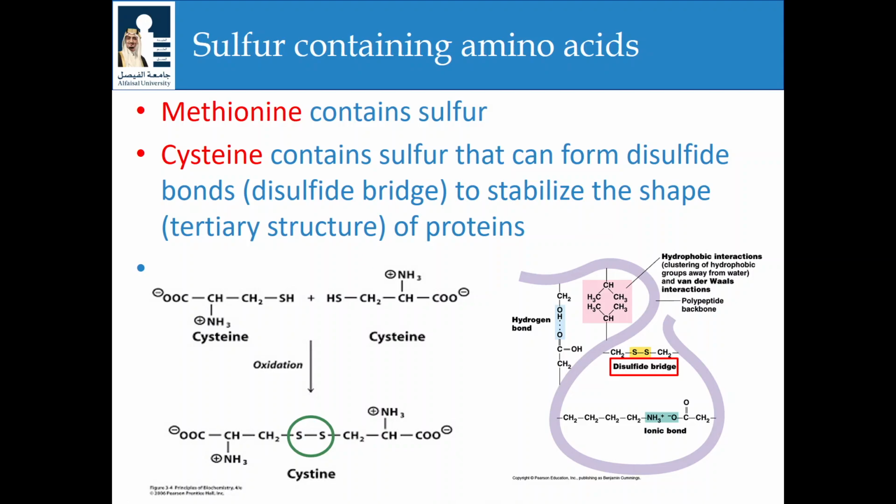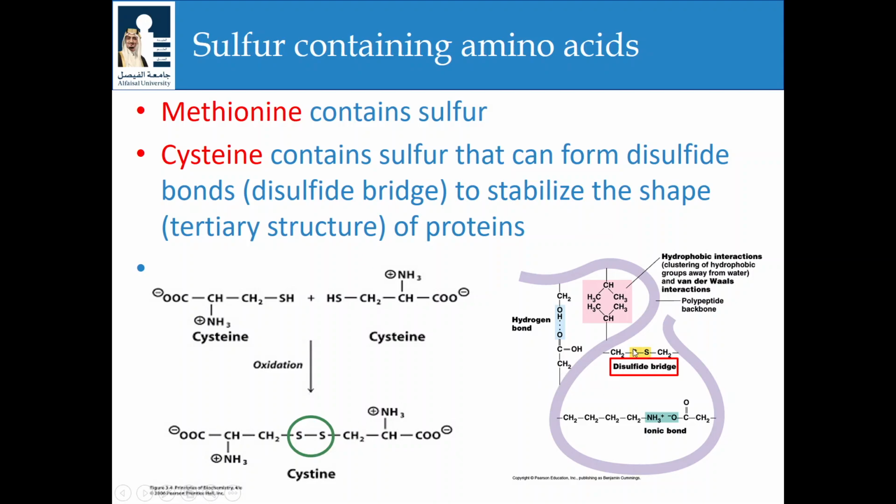Like OH is a hydroxyl group, SH is a sulfhydryl group. And this SH can interact with another SH to form a special type of covalent bond called a disulfide bridge.